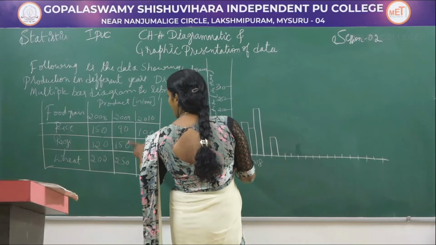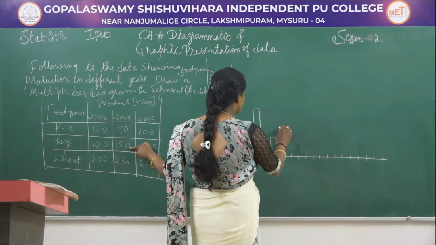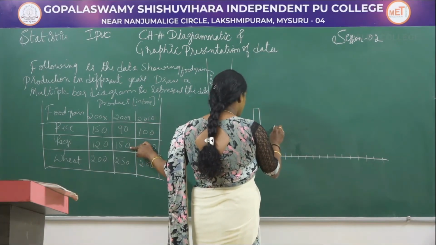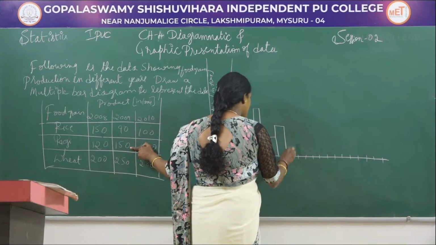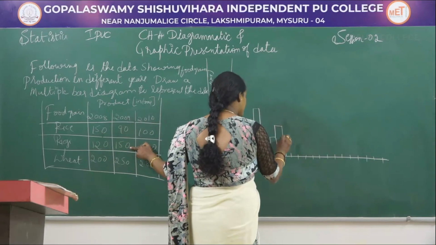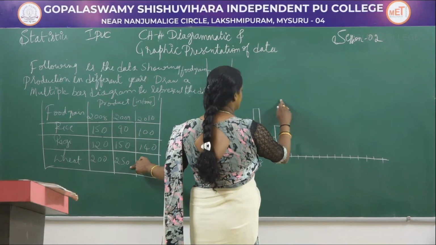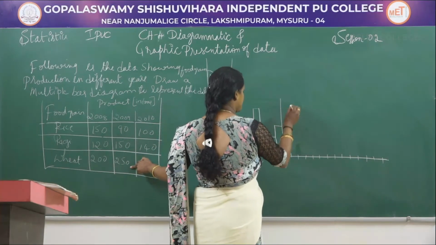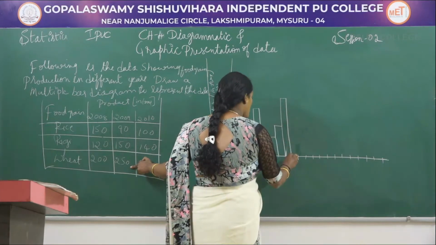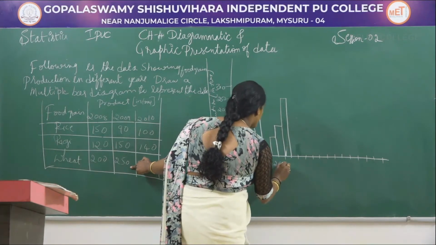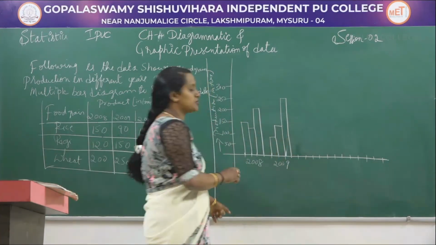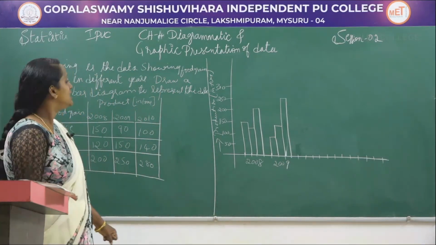Next, ragi is 150. Next it is 250. And together this is under 2009.